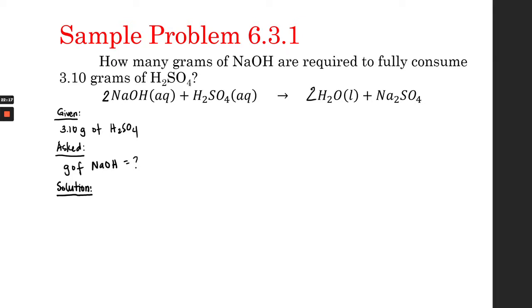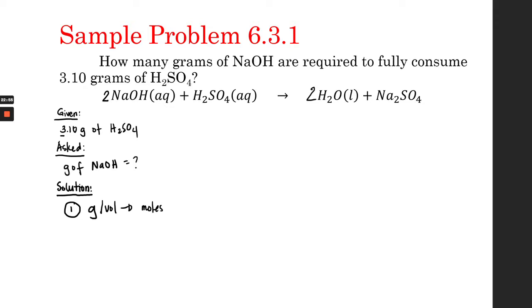Okay, so remember our step 1 is first to change our grams or volume to moles. And in this case, our given is 3.10 grams of H2SO4. So this is our given. We have to change these grams of H2SO4 to moles of H2SO4. Since they did not give us the molar mass, I hope you guys are familiar now with how to get the molar mass.